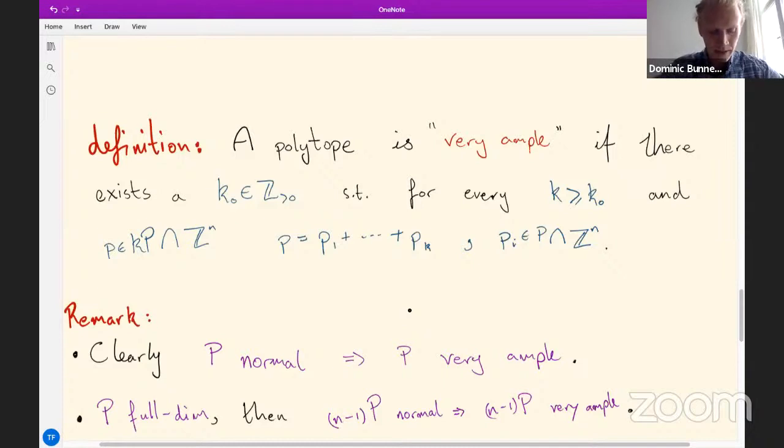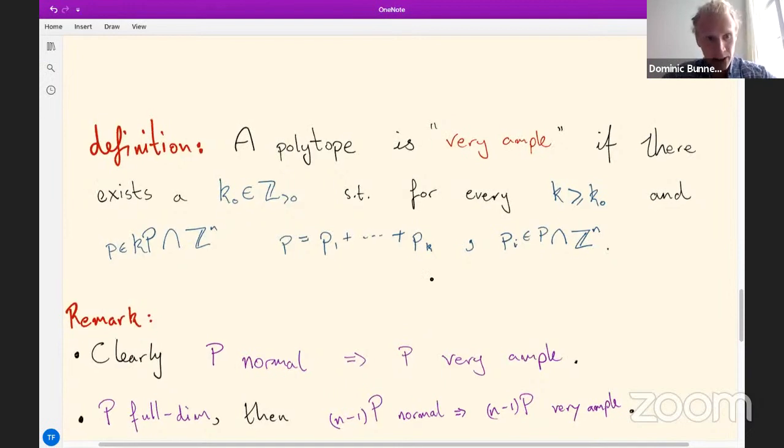So this is essentially like eventually normal. If a polytope was very ample and k0 was equal to 1 or 2, then it would be normal. So eventually the polytope is normal.